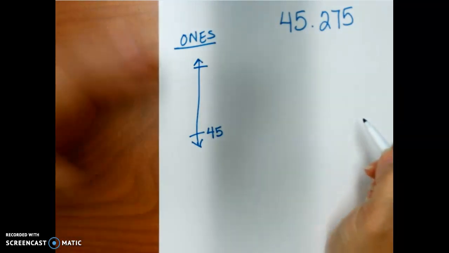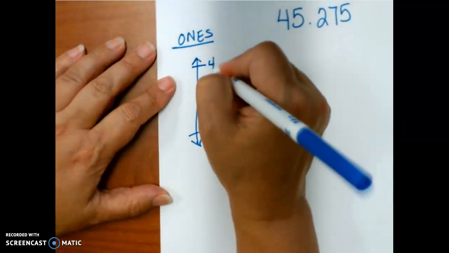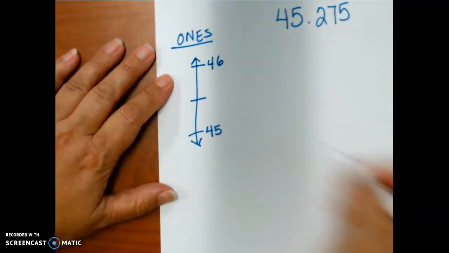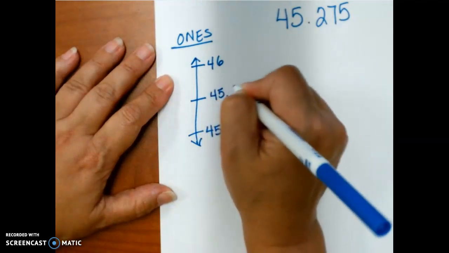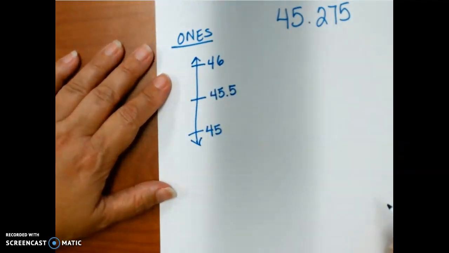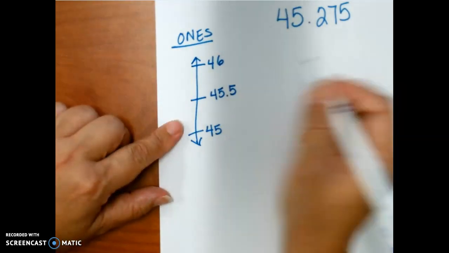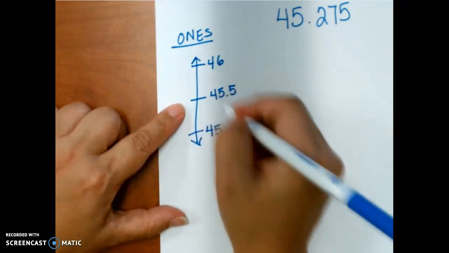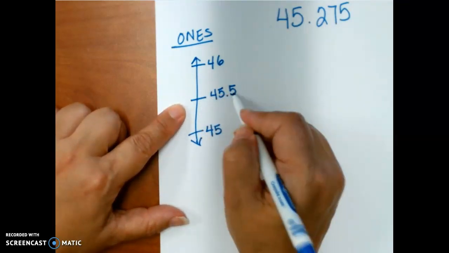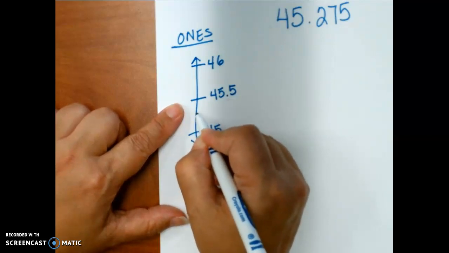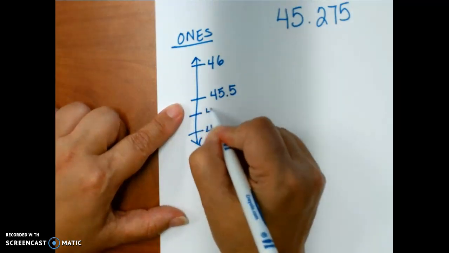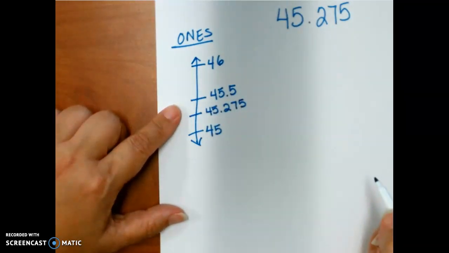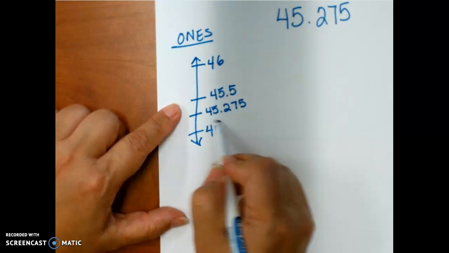One more 1 than 45 is 46. What is halfway between 45 and 46? 45 and 5/10. So, where does this number go on my number line? 2 tenths is less than 5/10, so it's going to go down here. So rounded to the ones place, my number rounds to 45.